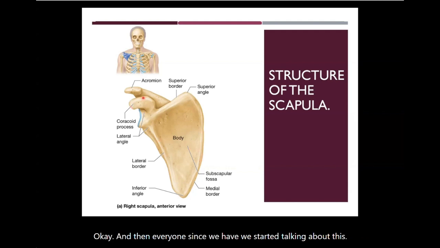And since we started talking about this, let's cover this as well. This acromion bone is on the scapula, but it's the bone that makes our shoulders. And here, this part of the scapula that is sticking out means process.